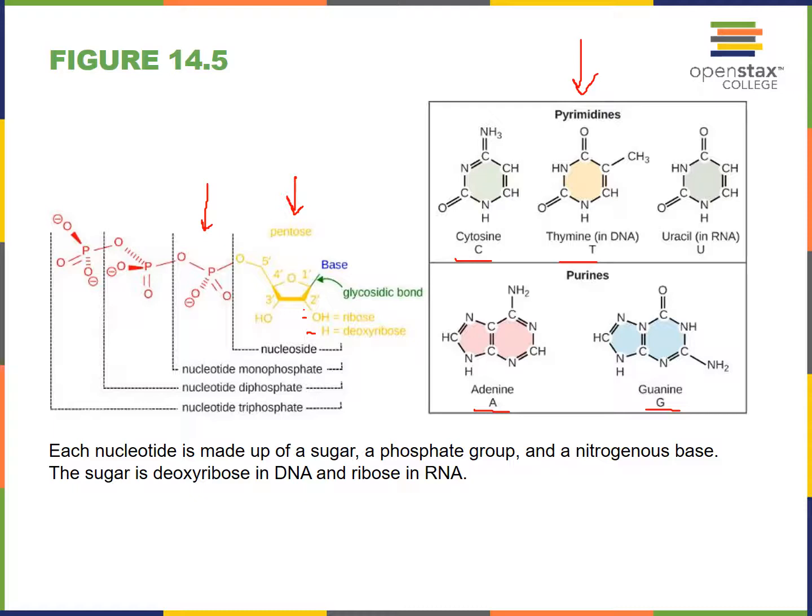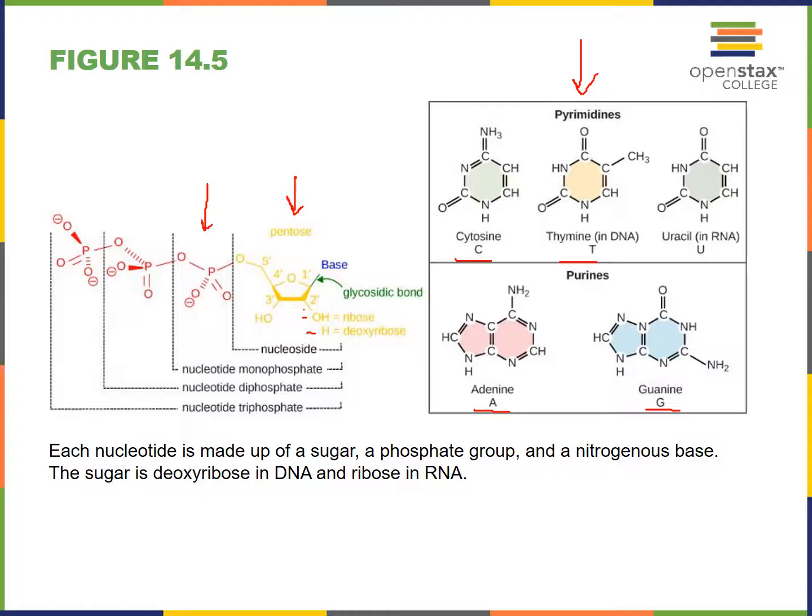Another thing to keep in mind, using Chargaff's rule, you can figure out how much cytosine is in a DNA sample, how much thymine, how much adenine, how much guanine, as long as I give you the percentage of one.